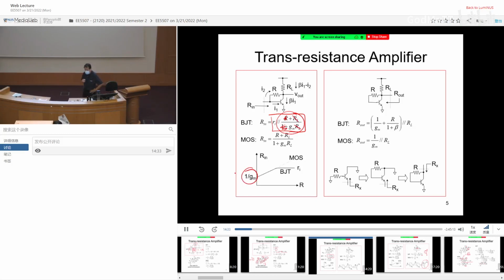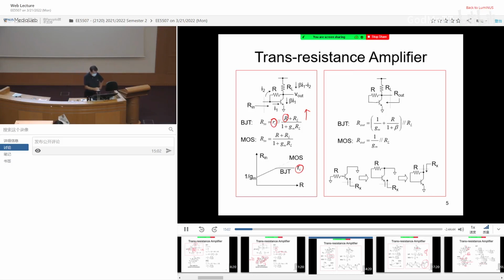This is the smallest resistance you can get. The highest resistance: you can keep increasing R, making it larger and larger, but eventually, if it exceeds Ri, it is going to be dominated by Ri. That's why the input resistance for this BJT-based trans-resistance amplifier exhibits this kind of saturation characteristic. Initially it's 1 over Gm, it keeps increasing, and eventually it flattens out at Ri.